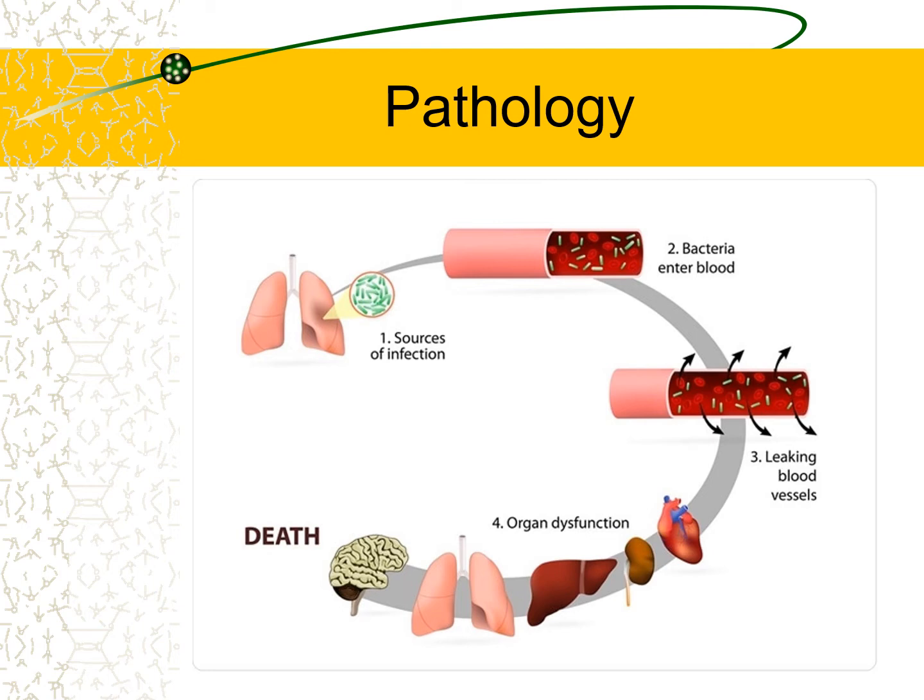We have poor perfusion to our vital organs, including the heart itself, the kidneys, the liver, and the lungs. Okay, so then we start to have organ dysfunction, and one by one, successive organs fail, and this leads to death.